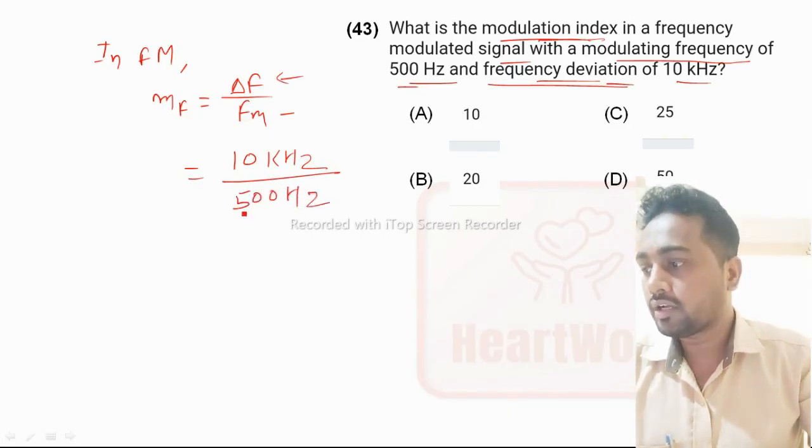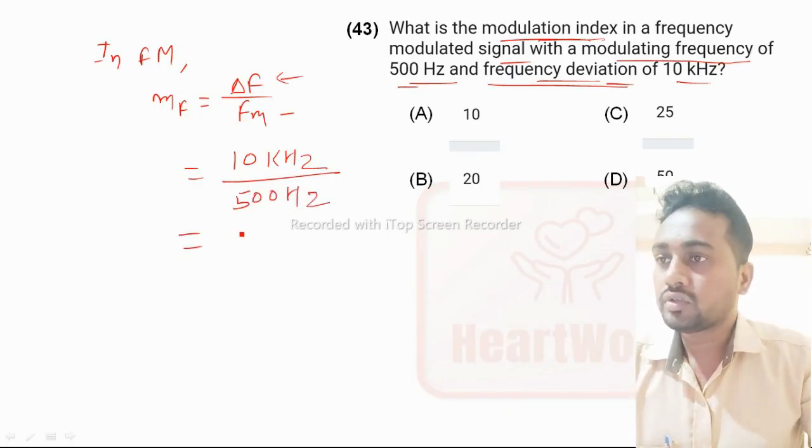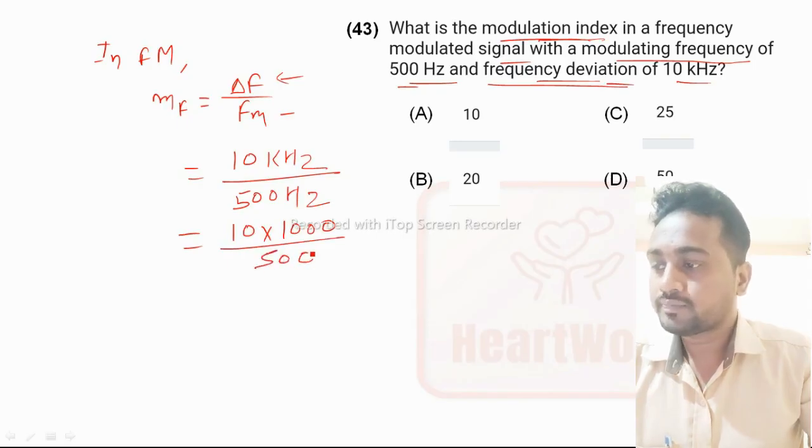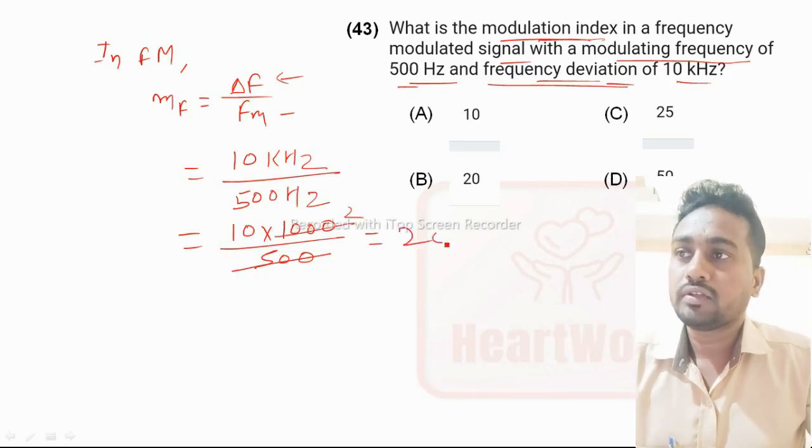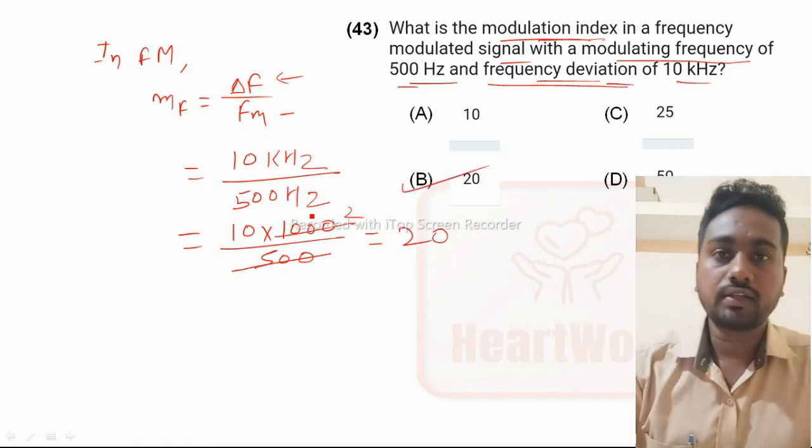So we can write 10 kilohertz is 10000 divided by 500. Two times it is 20. So the modulation index is 20. Option B is the right answer.